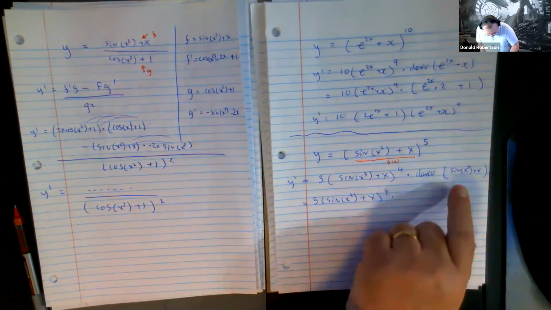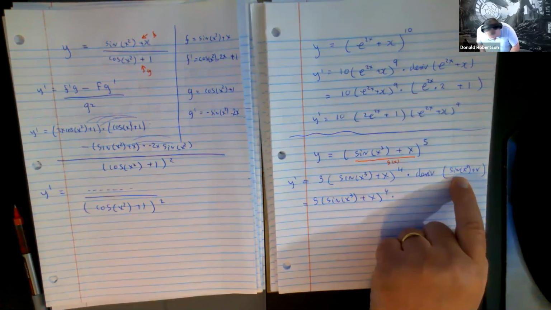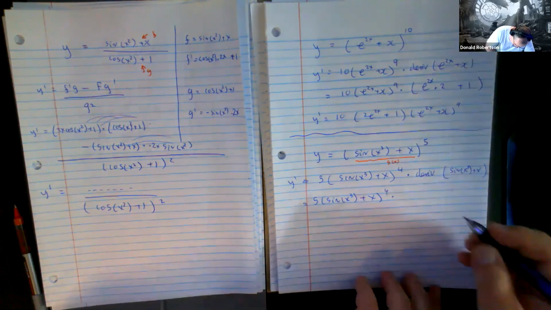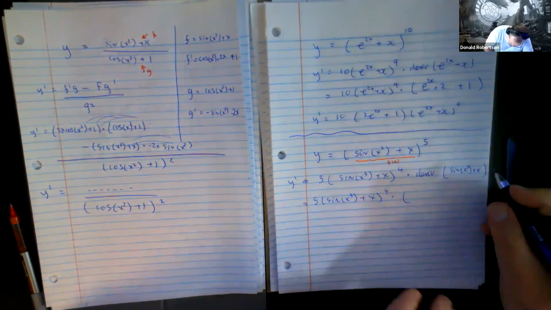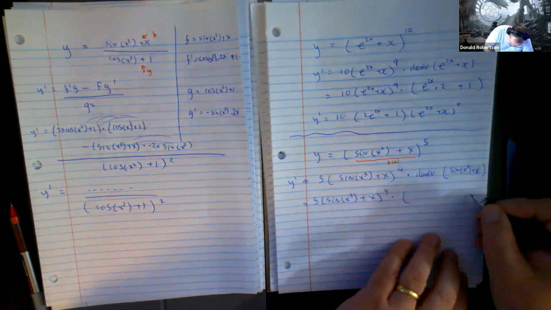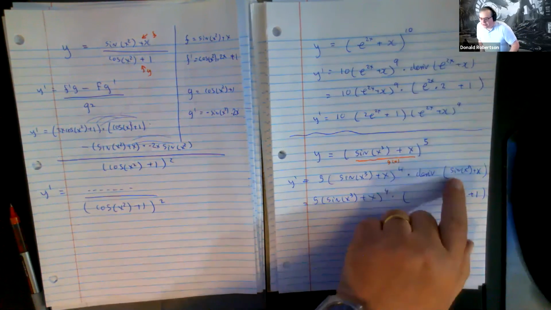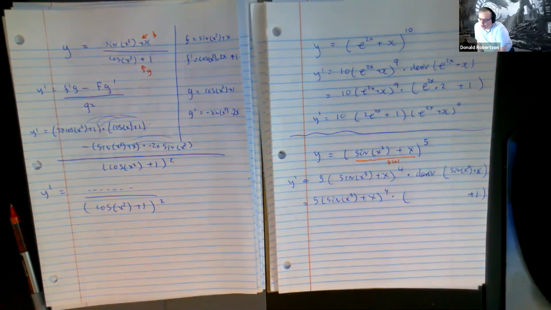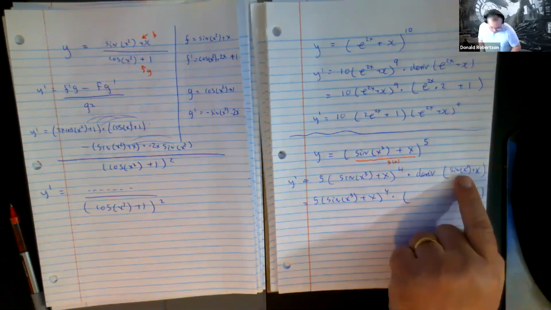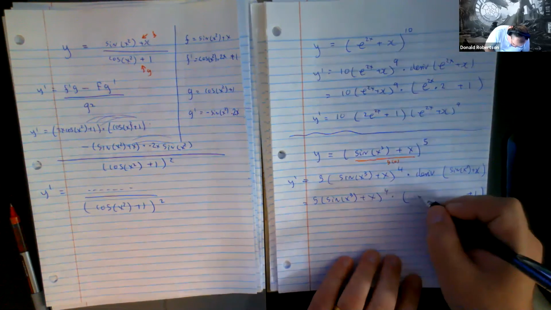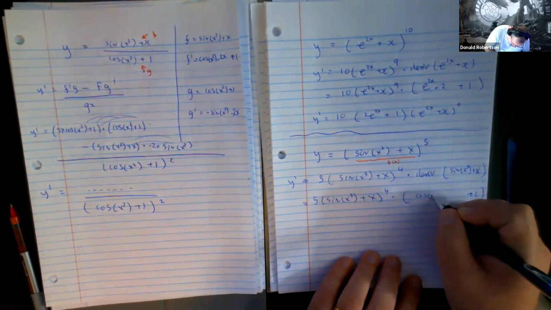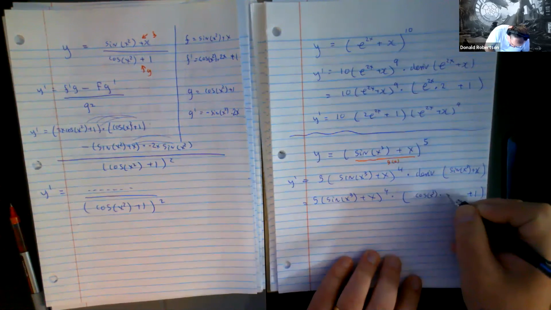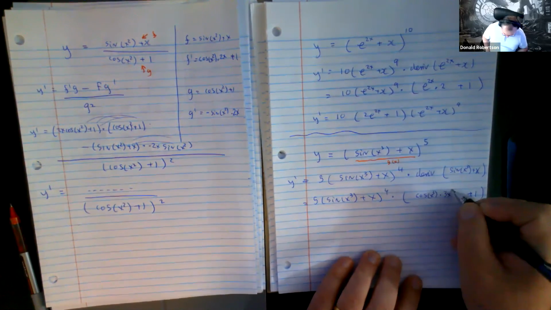Now, what's the derivative of sine of x cubed plus x? Well, the plus x is easy, right? That's plus 1. Isn't the sine of x cubed its own little chain rule? It's a sine of something. So when I differentiate the sine of x cubed, won't I get the cosine of x cubed times the derivative of it, which is that guy?